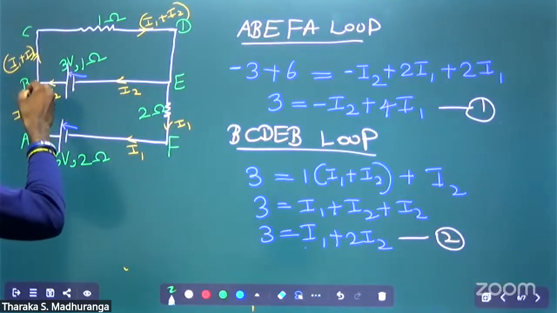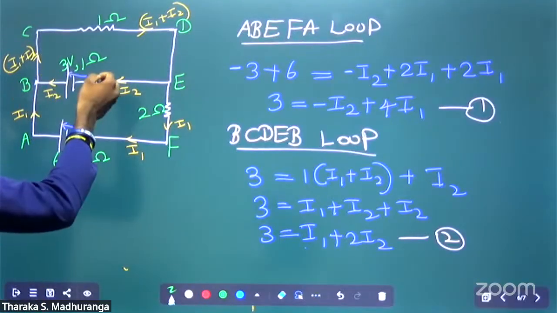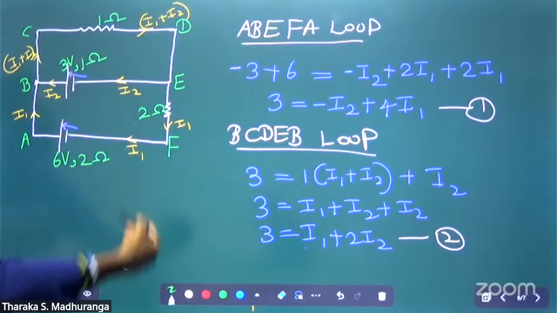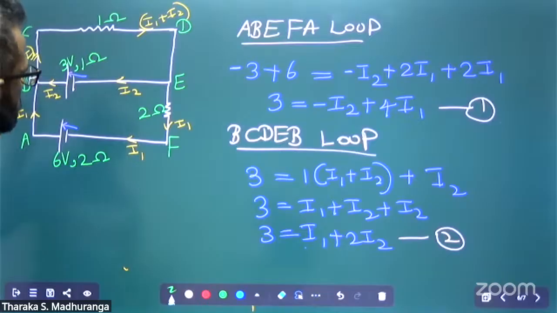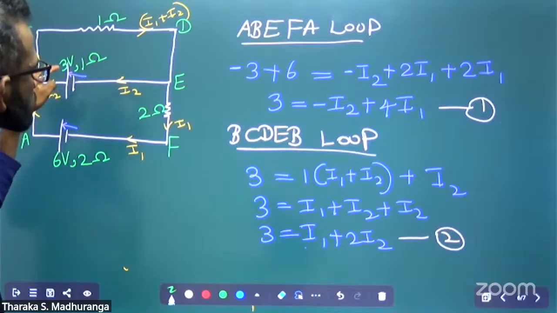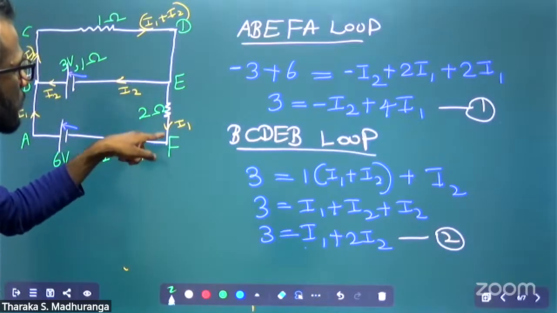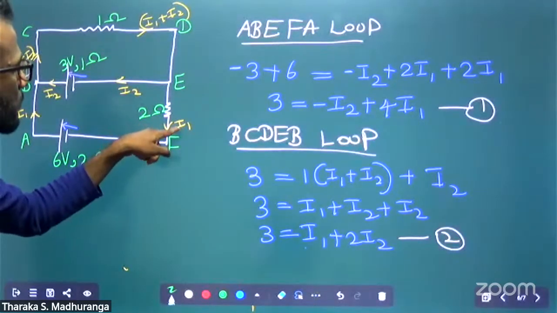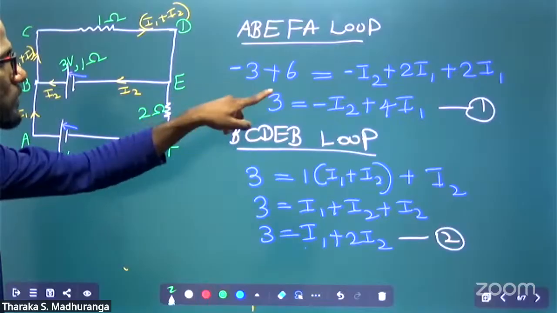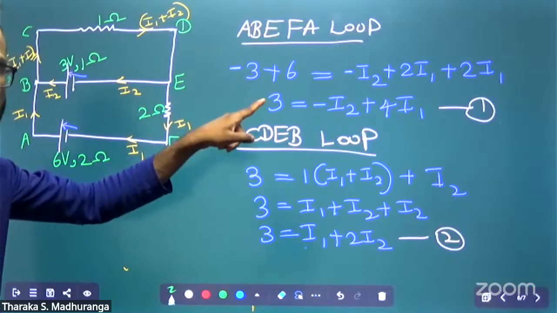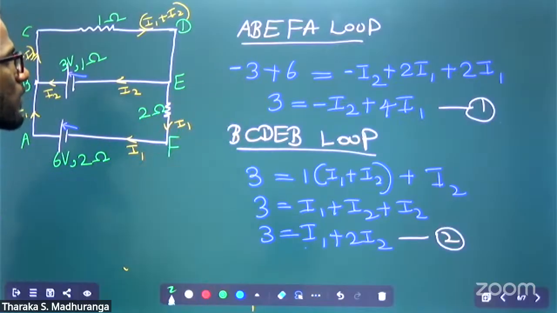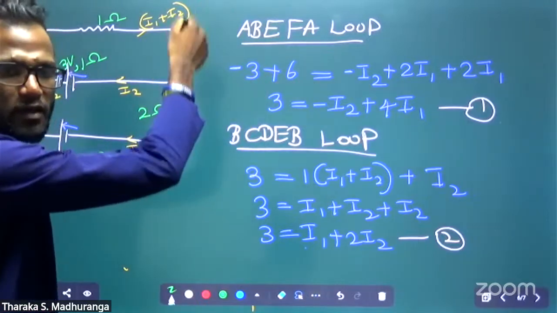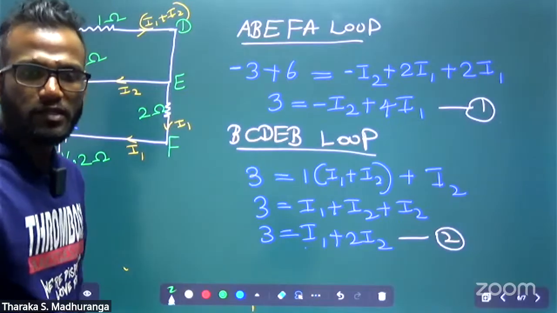A to B, no resistance. B to E, our direction and the current direction are opposite, so minus I2. E to F, our direction and current direction are the same, therefore plus 2I1, because our direction and current direction are the same.